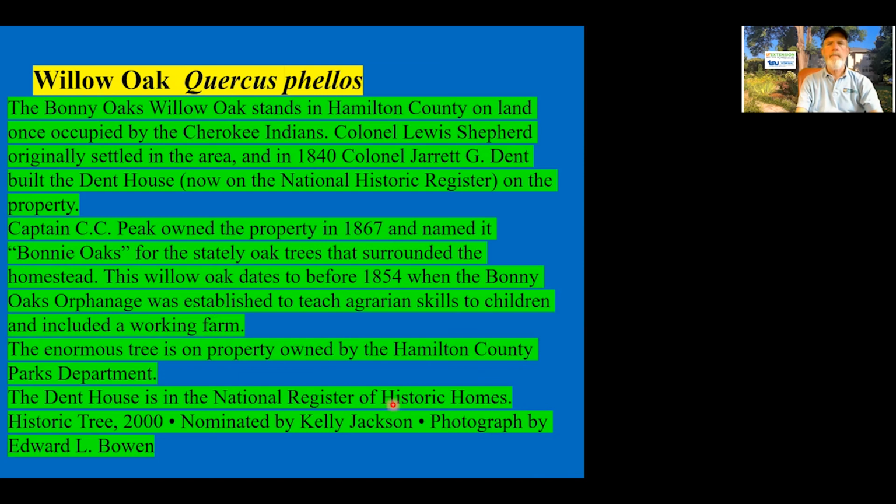There's some of the history. It dates back to 1854, was established. I think the orphanage went on into, gosh, the 70s. And now there's a beautiful Polly Claire's tea house there too, if you want to go to a nice restaurant.